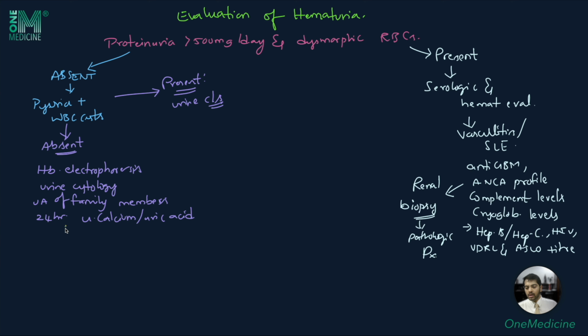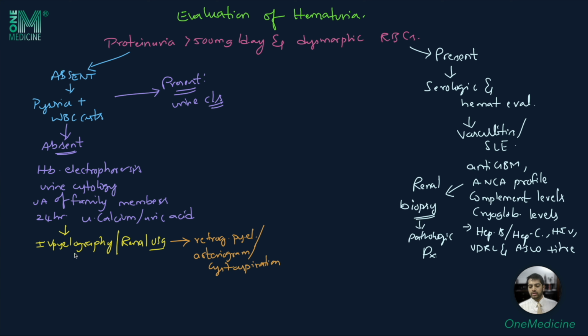If all these are normal, then the patient must be subjected to intravenous pyelography and renal ultrasound. If there are abnormalities present, the patient can be subjected to retrograde pyelography or even arteriogram or cyst aspiration.